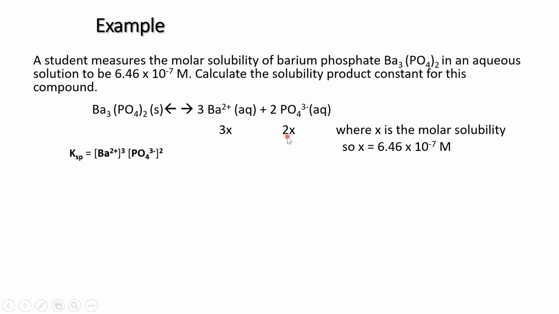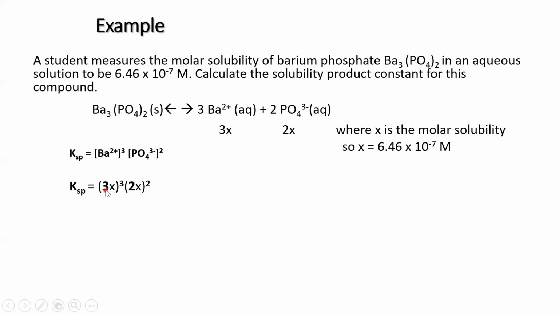And the phosphate ion concentration is going to be 2x because of this 2. So we're going to substitute those in. So we get 3x cubed times 2x squared.